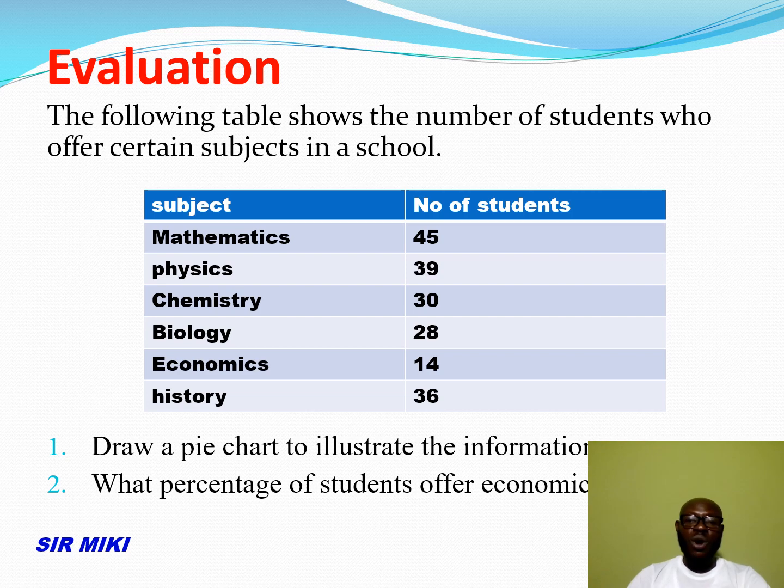We have to draw a pie chart to illustrate the information. Don't forget that I said the pie chart is also known as a circle graph. Okay, we have to draw a circle diagram or a circle graph to show the above information given to us on the screen. Then what percentage of students offer economics? What percentage of students offer economics?